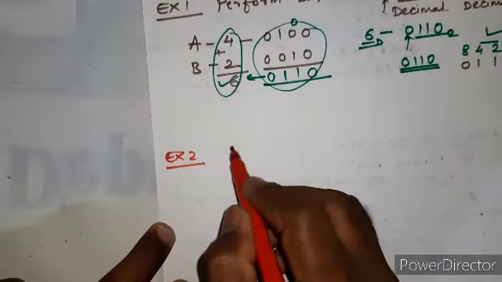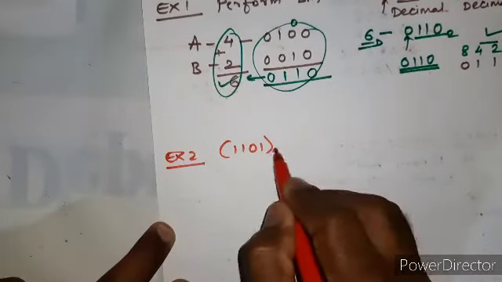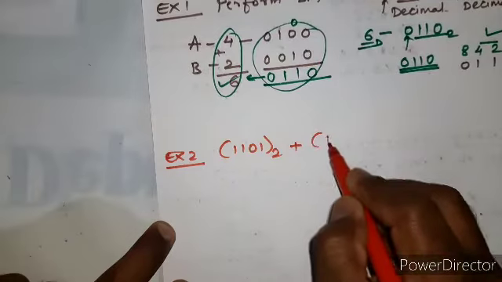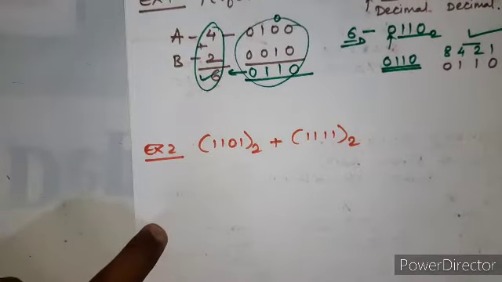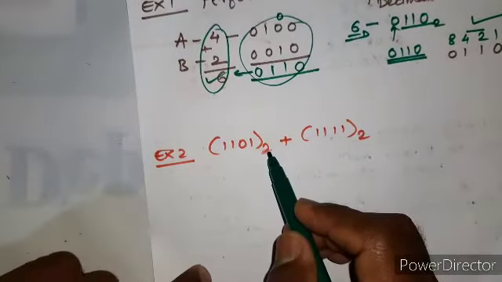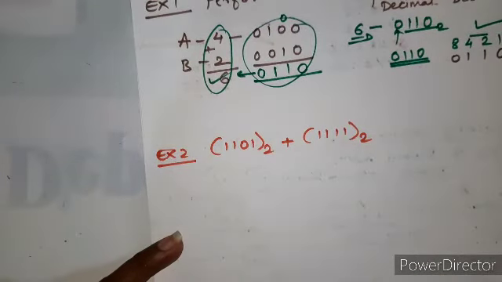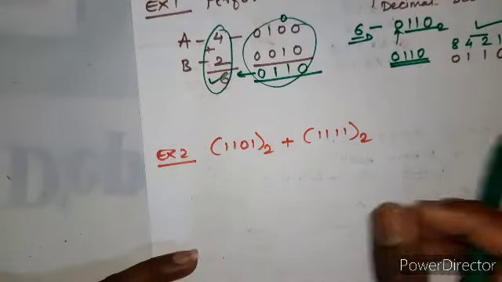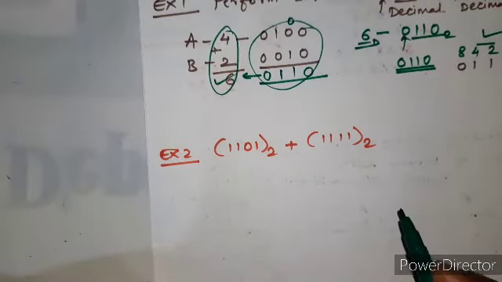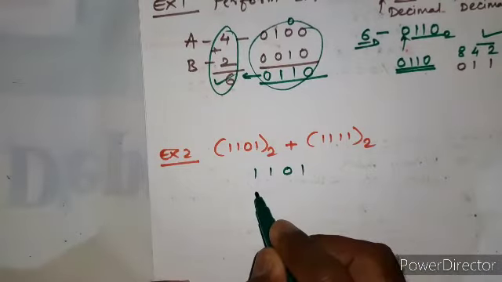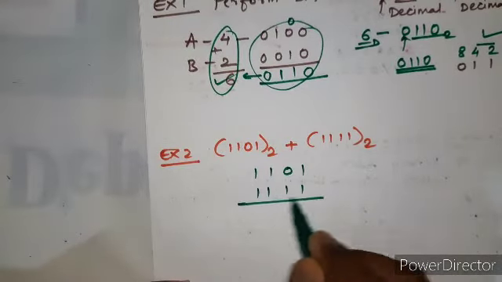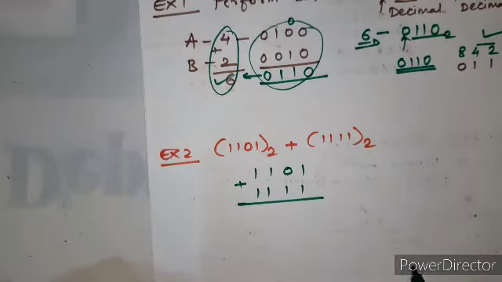Example 2. Let us try 1101 binary plus 1111. Now this is already given in binary, so that becomes easier, or we can avoid that. No need to go for that step of decimal to binary or any other conversion, right? So I can directly write 1101 and 1111, and this is to be added, right?